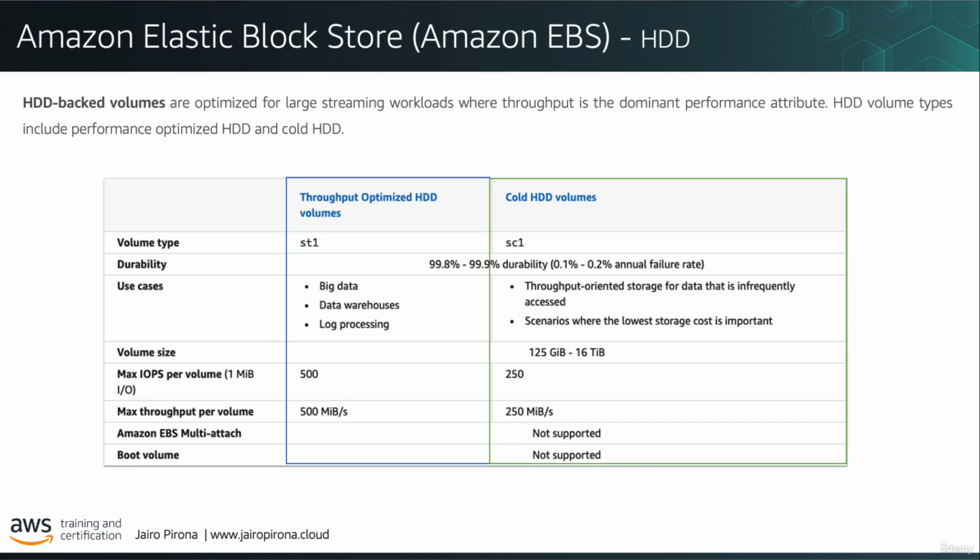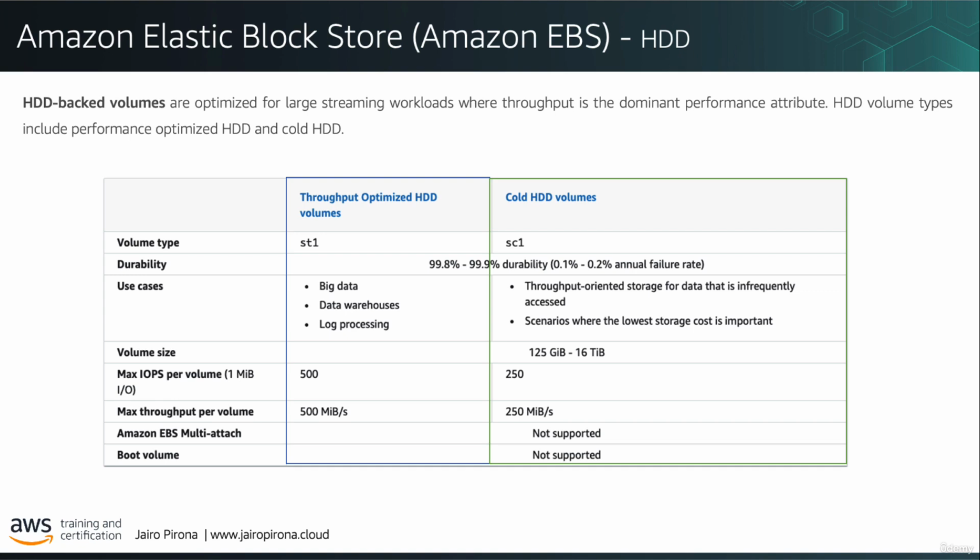And as for cold hard disk volumes, SC1, these volumes provide low-cost magnetic storage that also defines performance in terms of throughput rather than IOPS, but with a lower throughput limit than ST1 volumes. They are a good choice for large, sequential workloads that are accessed infrequently.